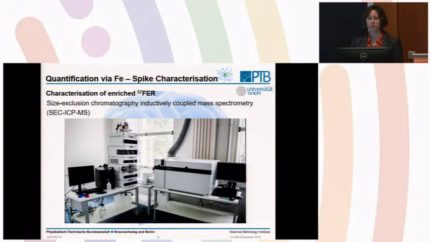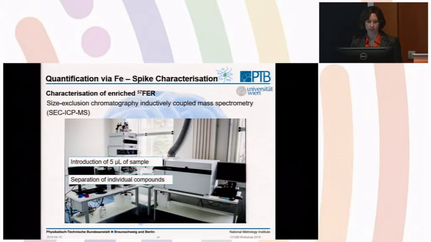So the measurement was then done using a size exclusion chromatography coupled to an inductively coupled plasma mass spectrometry, so ICPMS in this case. That's usually not used in biological systems, but we introduced a new way of looking at the proteins. The advantage is you need only 5 microliters of sample.